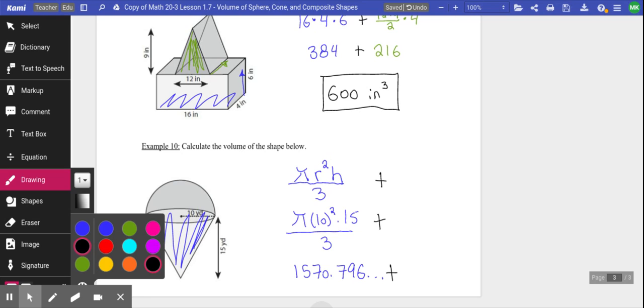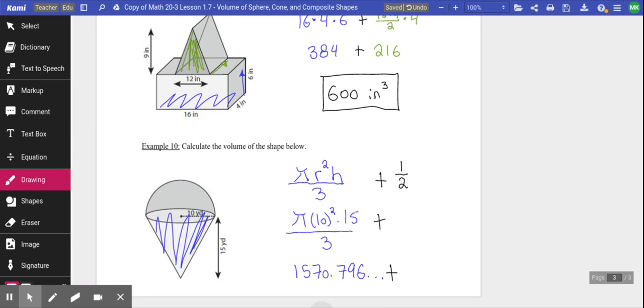Now you need to do that sphere that's on the top. And notice that it's half of a sphere. That means you're going to have to do half of whatever the formula is. So divided by 2, yeah. Is it still 10 or is it 5?